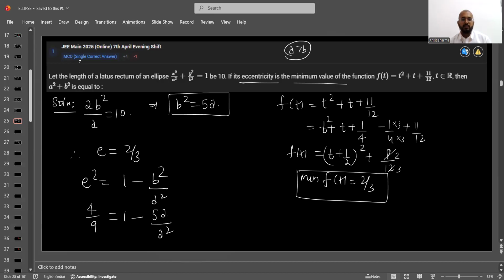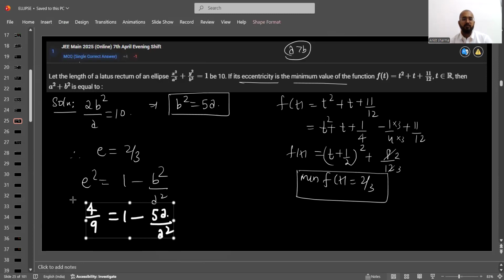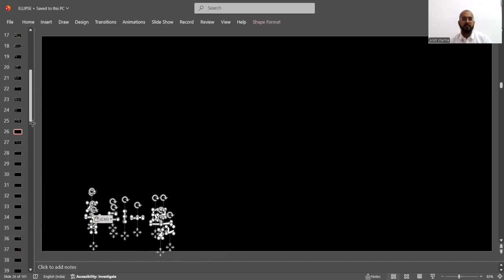Now I can solve this equation to get the value of A. Once I get A, I'm going to get B using the same relation. So 4 over 9 is equal to 1 minus 5A over A square. Let's take this here.